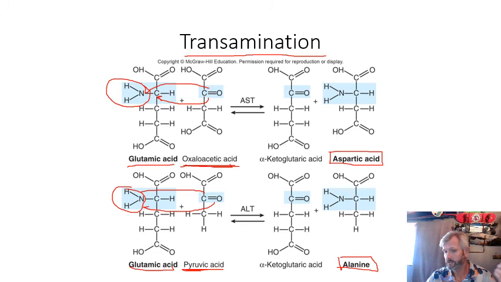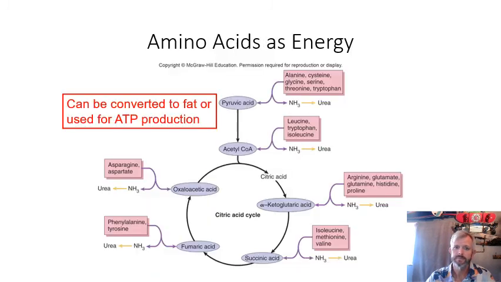Okay, unfortunately, essential ones we've got to get in the diet. We don't have an enzyme that can swap an amine to another molecule to make us that amino acid. Right, so looking at amino acids as energy.